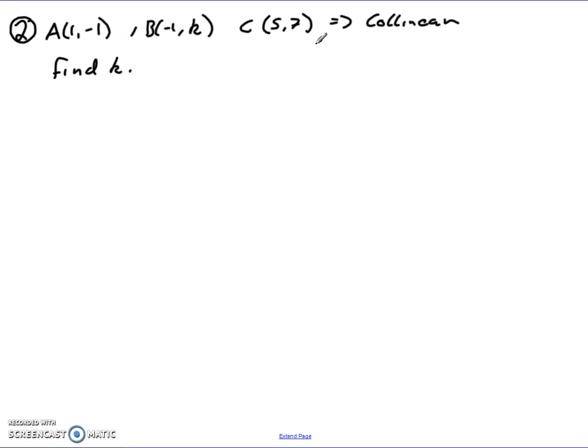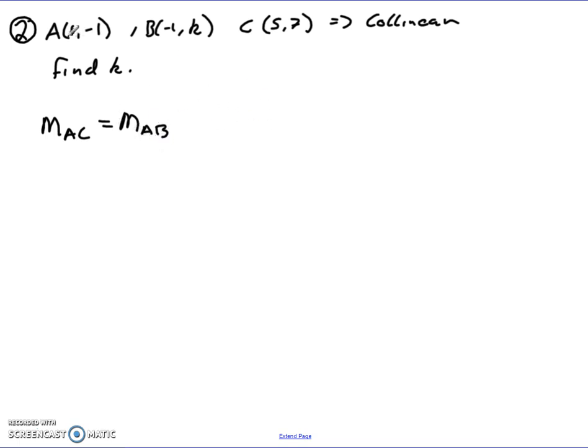Now we know that since they're collinear, the gradient of the whole line, because these 2 points are totally known, so we know the gradient of the whole line from A to C equals the gradient of this first part where we share the common point of A, but we include our unknown part as well, equals the gradient from A to B. What this will allow me to do is set up an equation which I can then use to solve and find my missing part.